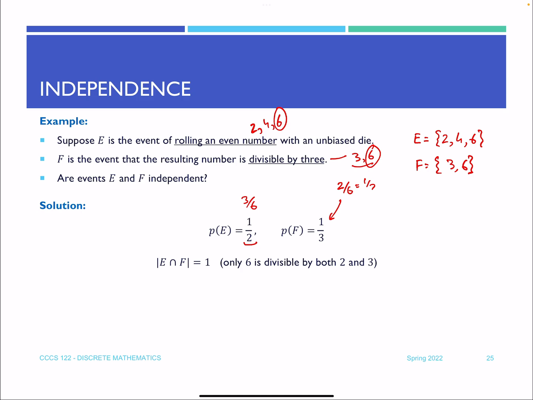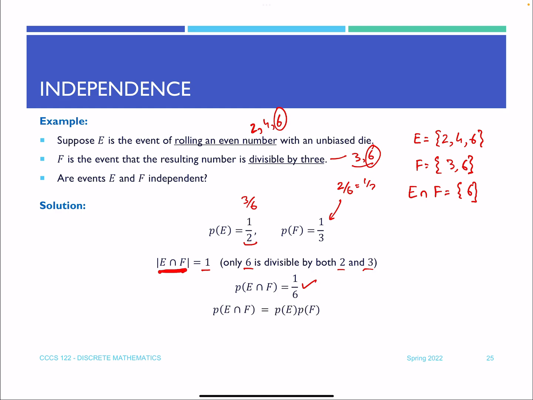So then E intersection F is just the outcome that we see a 6, and the cardinality of that is 1. Only 6 is divisible by both 2 and 3. And the probability of E intersection F is then, of course, 1 over 6.